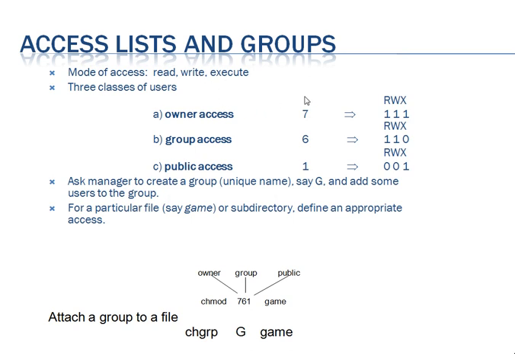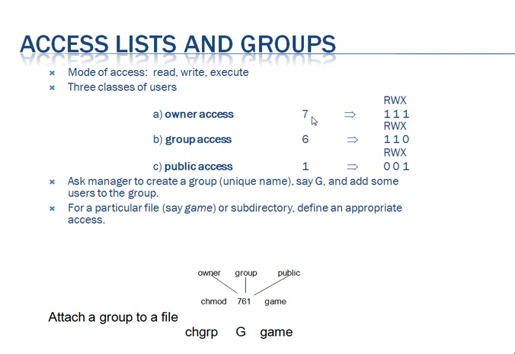The mode of access can be read, write, or execute. There are three classes of users. The first class is owner. The owner has all the accesses: it can read, write, as well as execute. Next, group access has its own unique ID.